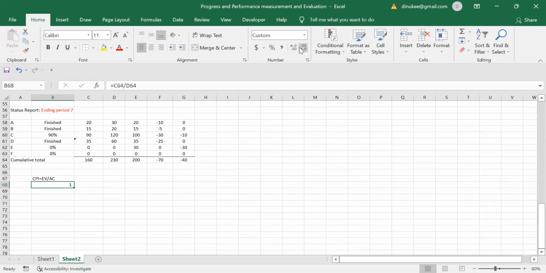CPI is 0.70. If I take it to 3 decimals, it is 0.696.